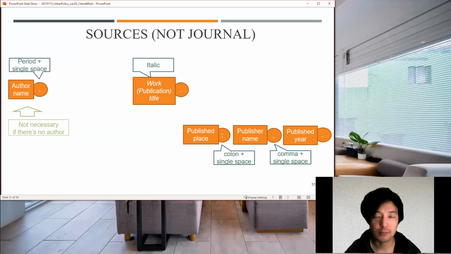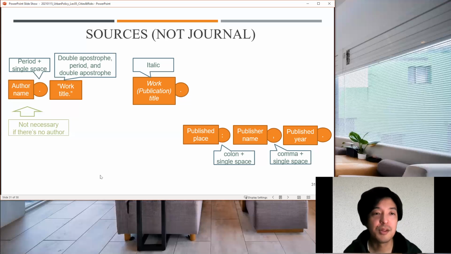However, you probably want to use one part or one section of such books occasionally. In such a case, you need to show the chapter title or article title. This should be written here.